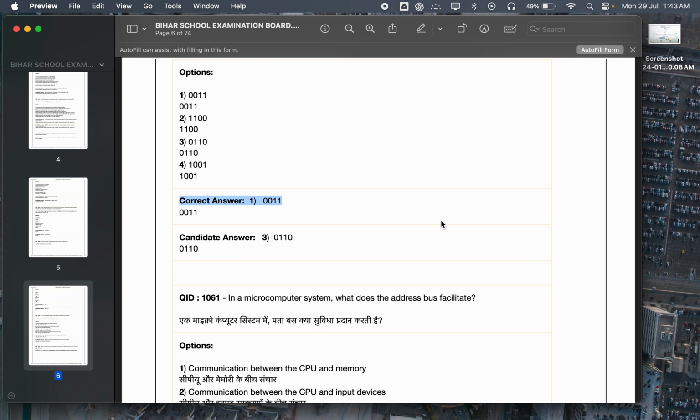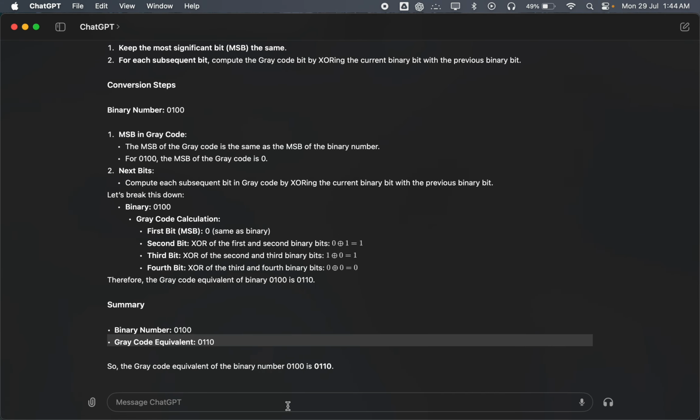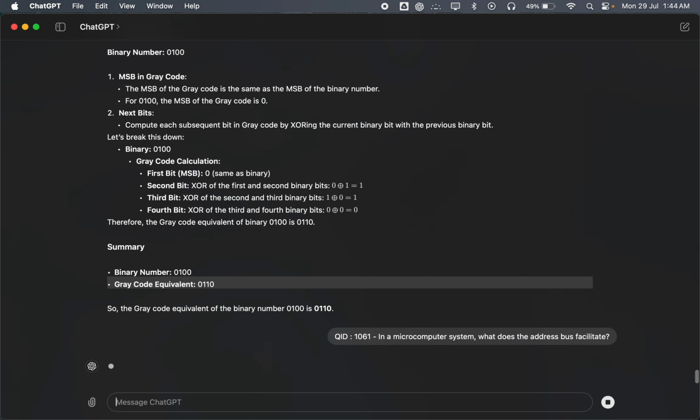Another question: in a microcomputer system, what does the address bus facilitate? So if there is an address bus, the address is basically stored in memory. So we want to get to the memory from the CPU.